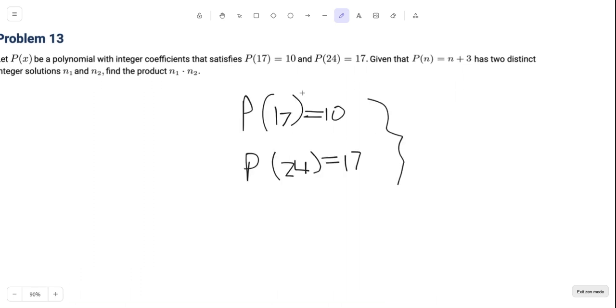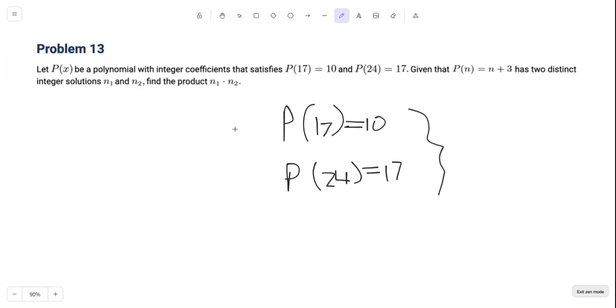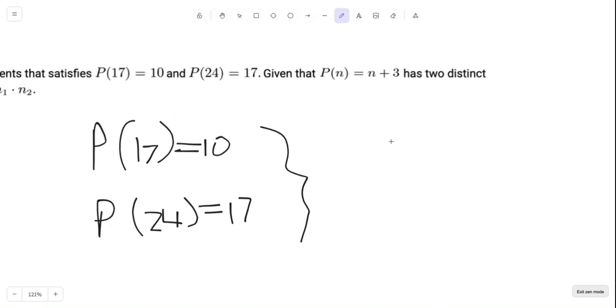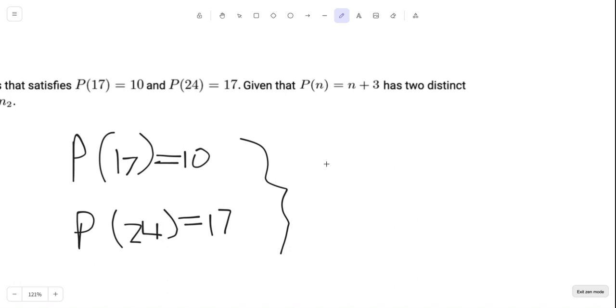So what do these two facts tell us? First of all, notice 10 is 7 less than 17, and 17 is 7 less than 24. Maybe that can tell us something.